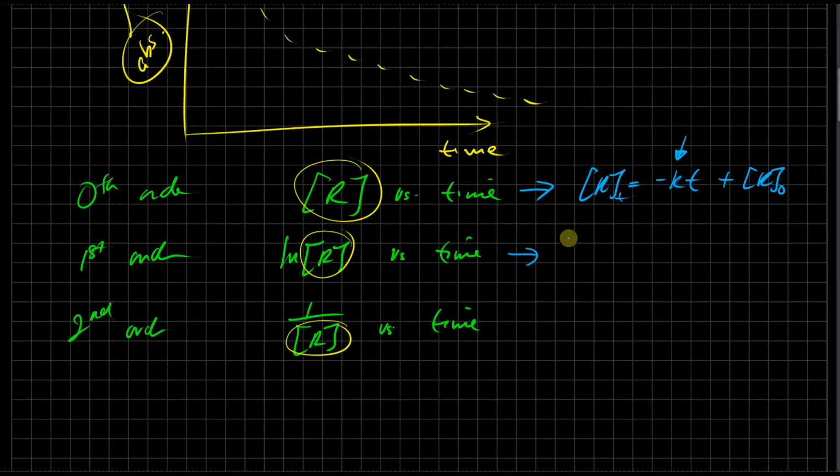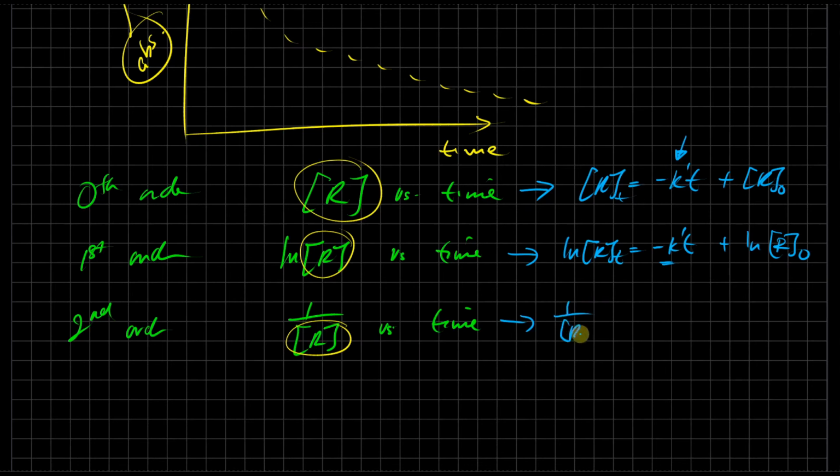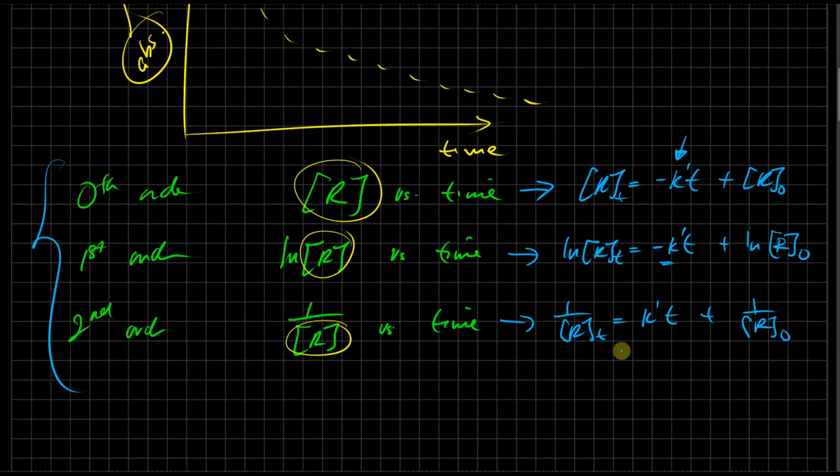If it's this equation, it means that negative the slope is kappa prime, and it's a first order reaction. And if this plot is a straight line, then it means that the slope is kappa prime and it's a second order reaction. So you will need to make all 3 of these plots to determine what the order is and what kappa prime is.